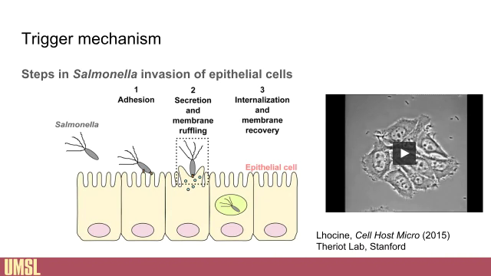Once stuck to the surface of enterocytes, they produce a type 3 secretion system, shown here with the little orange rectangles, and then they inject or secrete effector proteins into these enterocytes, which induce membrane ruffling and uptake into a vacuole, essentially internalization into epithelial cells.